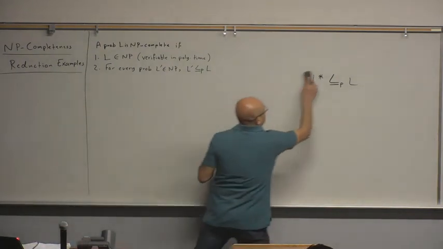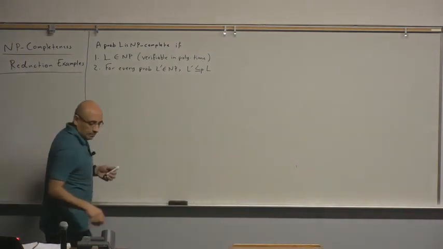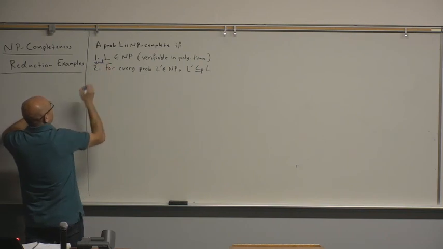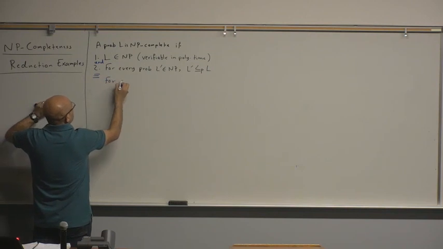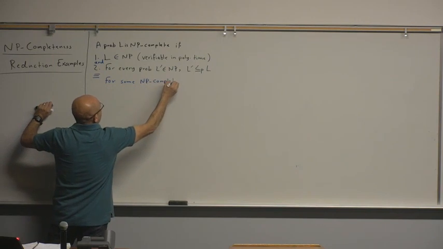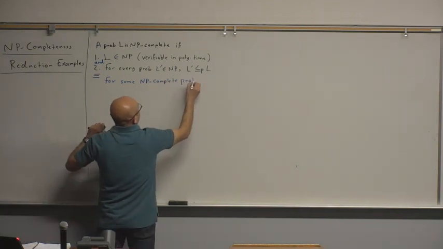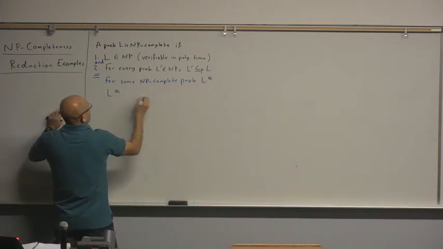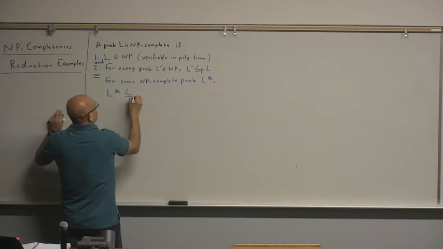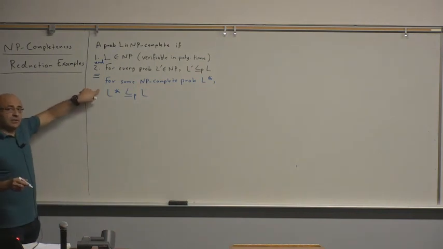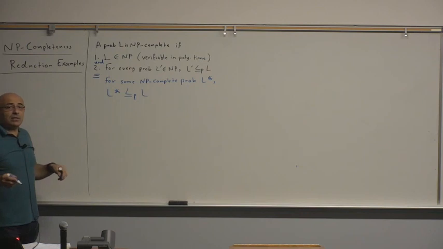Okay, so the equivalent condition for number 2. So this is an and. Both of these conditions must be satisfied. But there is an equivalent condition for number 2, which is for some NP-complete problem L star, L star is polynomially reducible to L. So this condition in blue is much easier to verify in practice because you only need to find one problem.